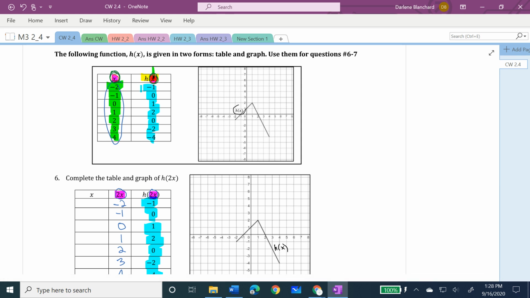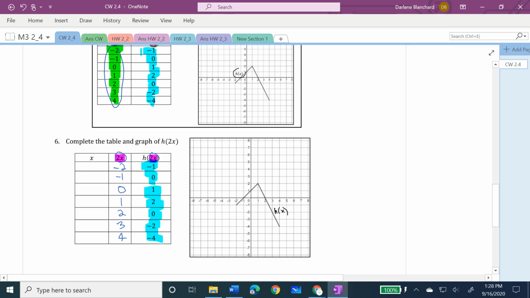Wouldn't it be double because it's multiplied by the x? It'd be like -4, -2, 0, 1, 2, 4, 6, 8 because it's doubled, right? You know what? Let me actually finish the table on 6, and then I'll go forward with you on it.